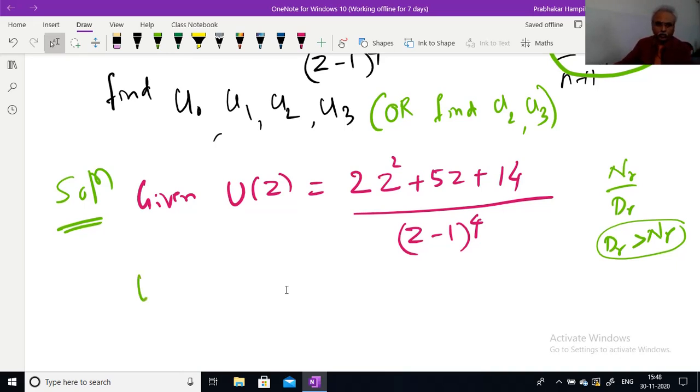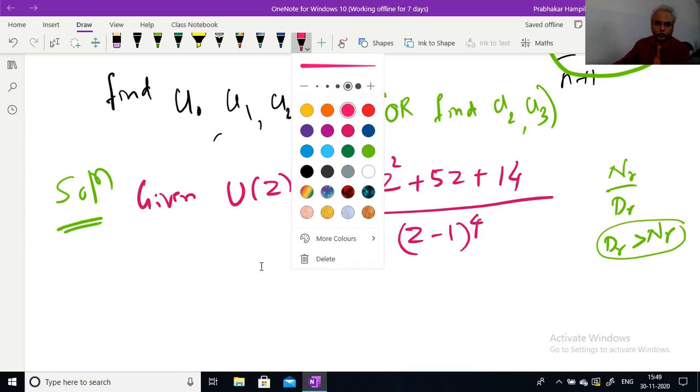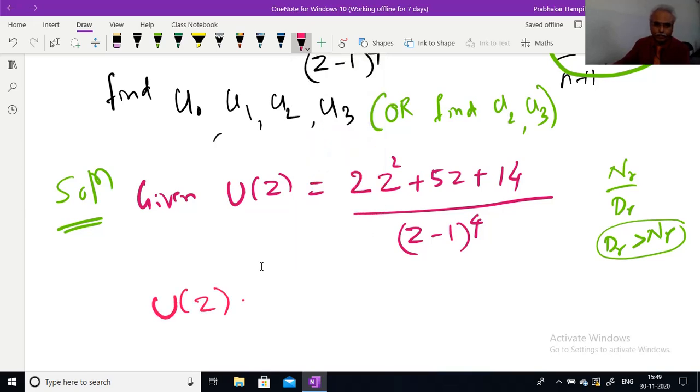Now u0 is nothing but directly you take the limit. Before u0, let me write u of z once again. If I take z square common here, what I get in the numerator is 2 plus 5 by z plus 14 by z square.